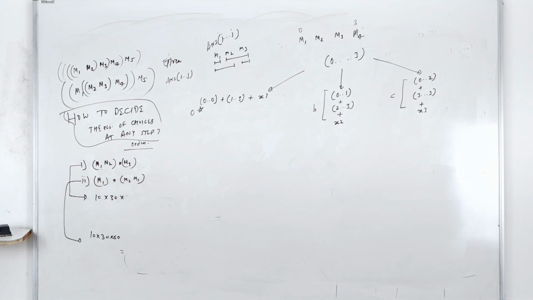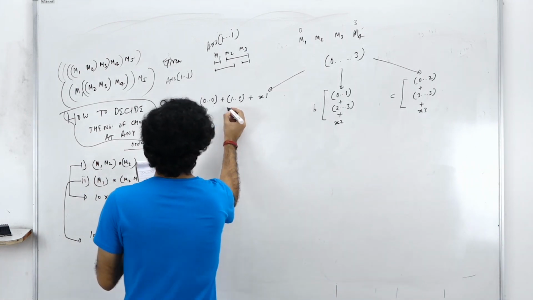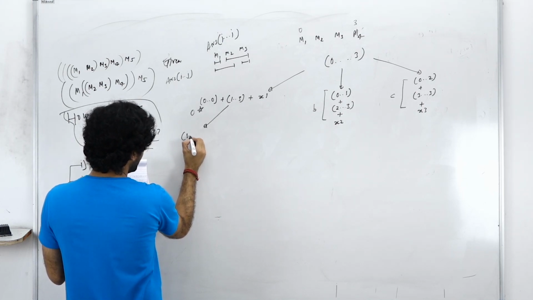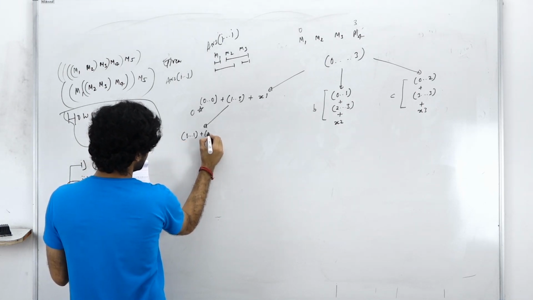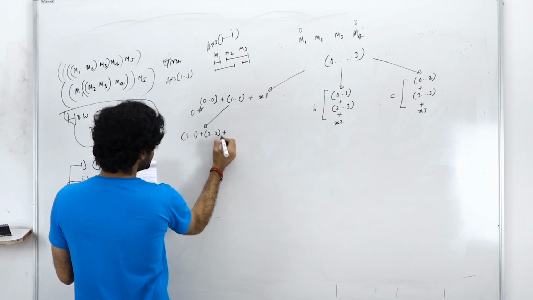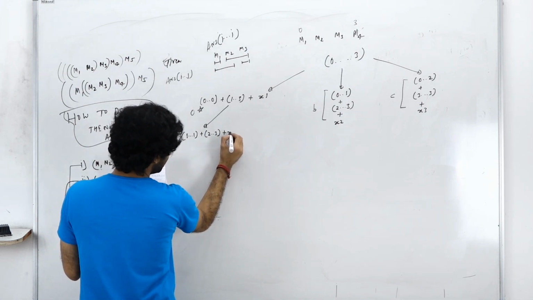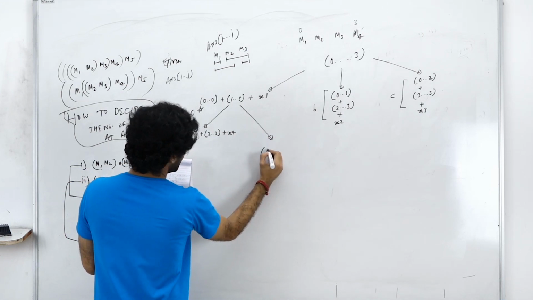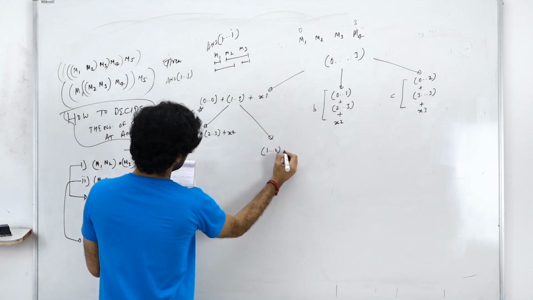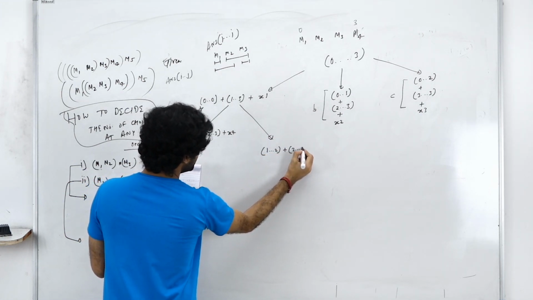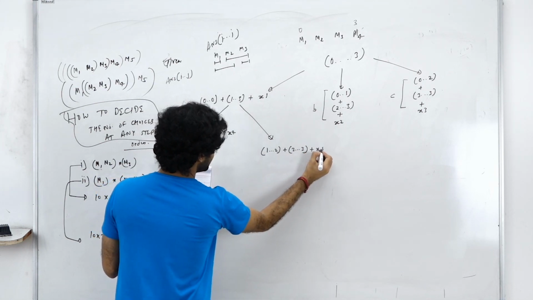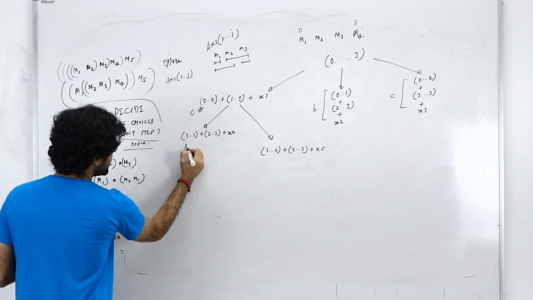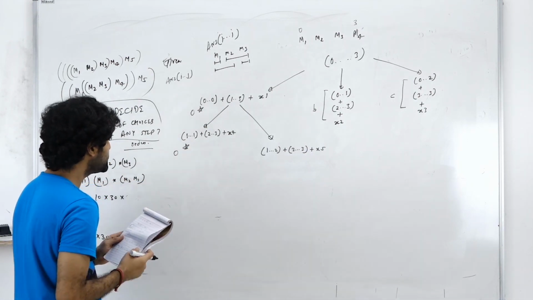So again, when you are here, then corresponding to first call, you could call from 1 to 1 plus 2 to 3 plus the cost, and let's say that cost was x4. And the second choice that you had was 1 to 2 plus cost of 3 to 3 plus some cost x5. Now the call from here comes here. Again, this will be a termination condition. You can return a 0 over here, right?